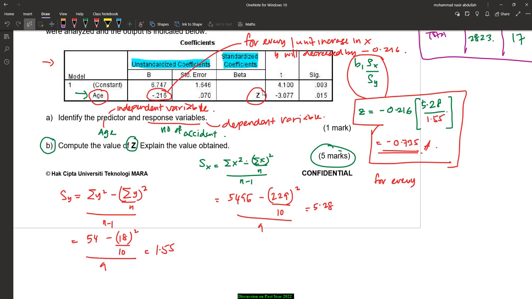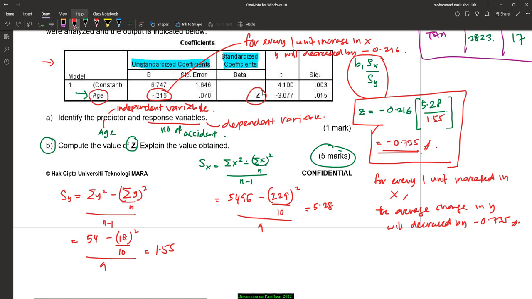So for every 1 unit increase in x, the average or variation change in y will decrease by negative 0.735.